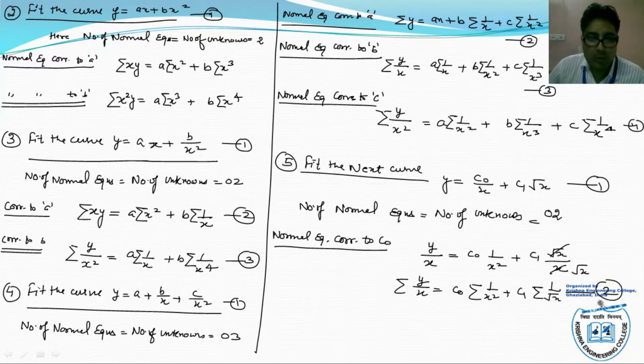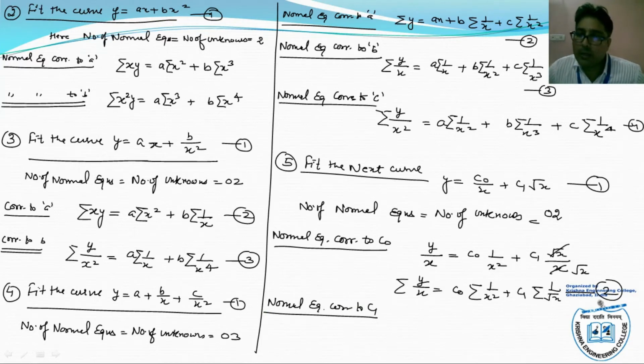Now the normal equation corresponding to c1. The coefficient of c1 is under root x, so multiply the whole equation by under root x and then take the summation. So equation first becomes y under root x is equal to c naught under root x upon x plus c1 under root x into under root x.